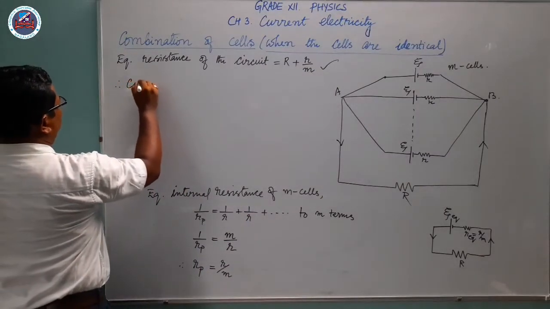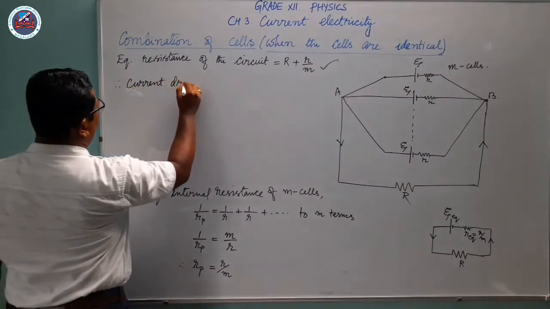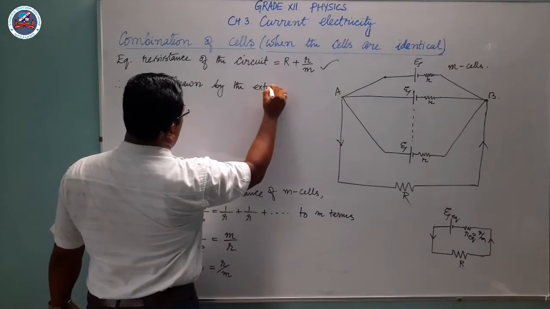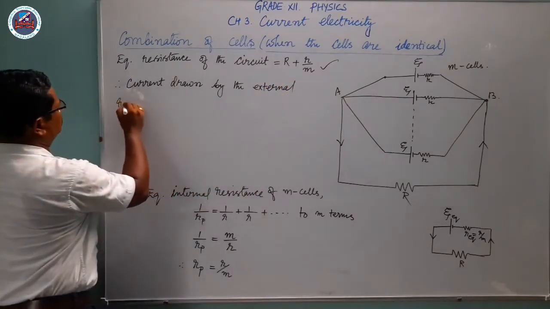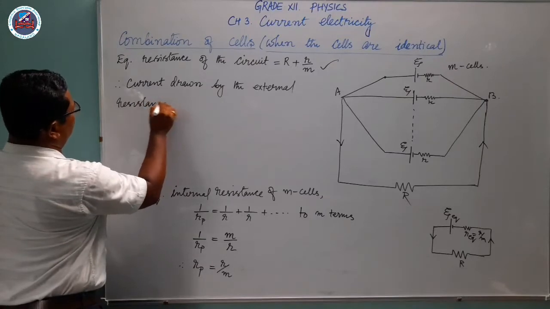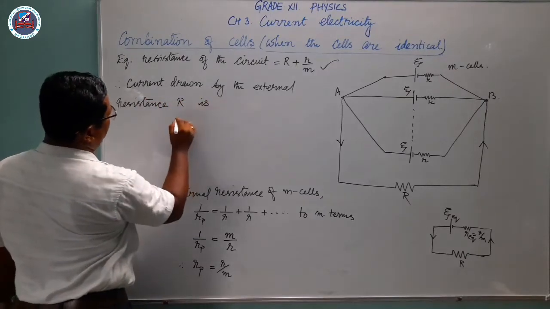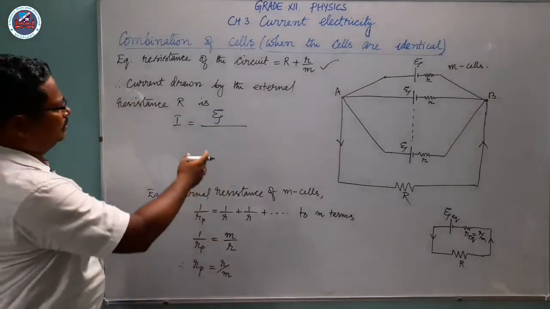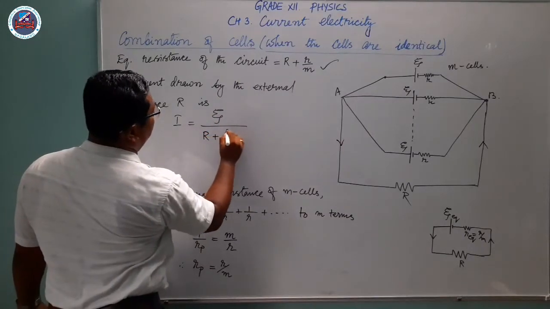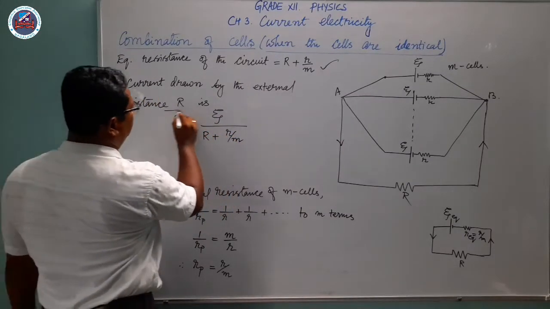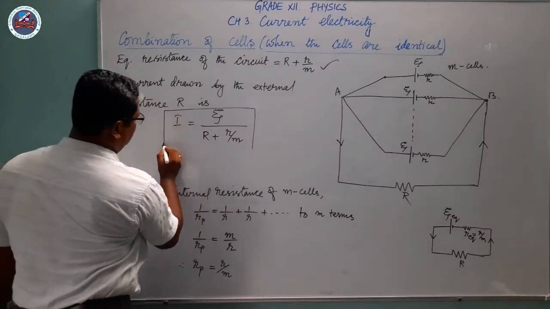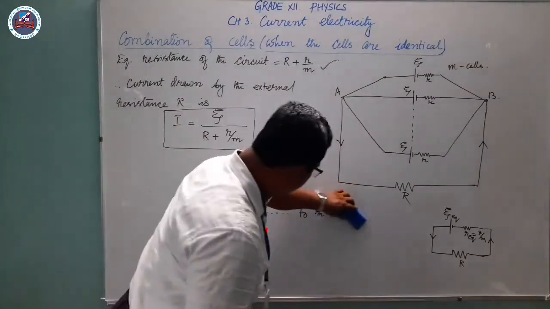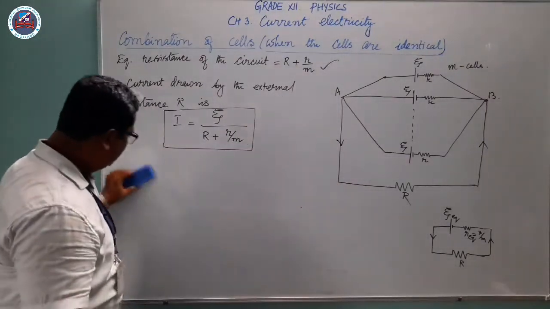Therefore, the current drawn by the external resistance R is I is equal to epsilon divided by R plus R by M. So this is the expression for the amount of current that you can draw from all the cells. Now here also, like the earlier case, we have two special cases.